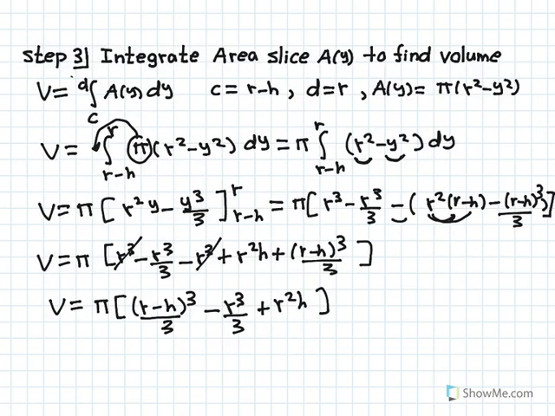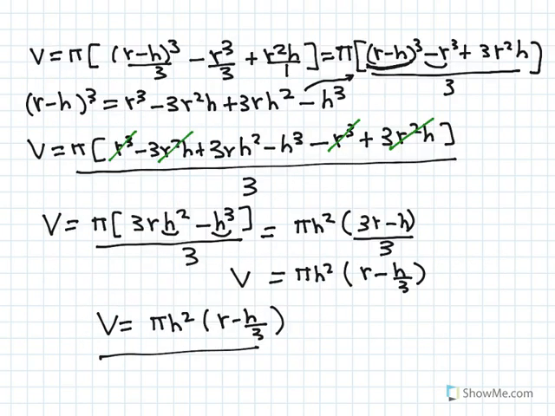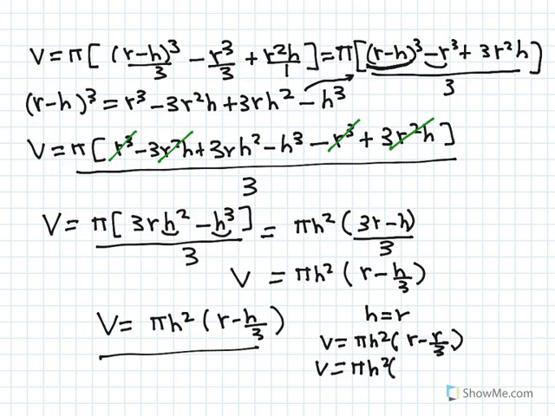If we substitute h equals r, we get volume is equal to pi h squared times r minus r over 3. We get pi h squared times 1 minus 1/3, which is 2/3, so we get 2/3 r.